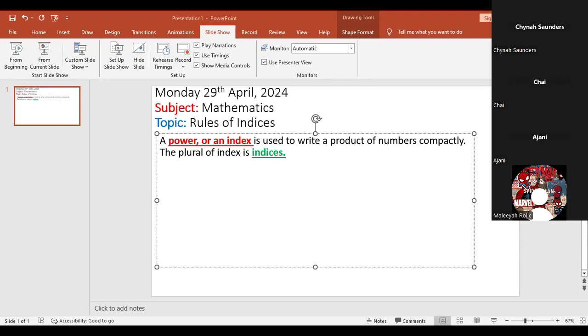To manipulate expressions involving indices, we're going to use these rules.